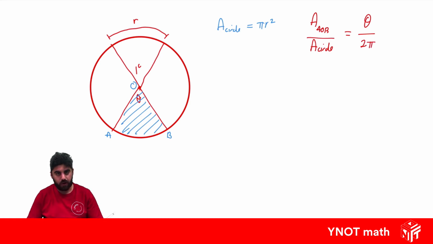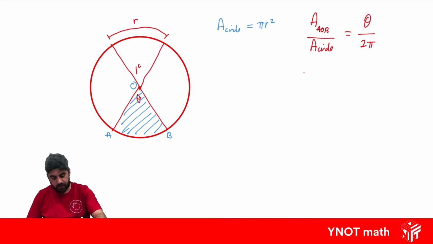So remember, 2 pi is the same as 360 degrees. So the ratio of the area of the sector divided by the total area of the circle is actually going to equal the ratio of the angle inside the sector divided by the total angles inside the circle.